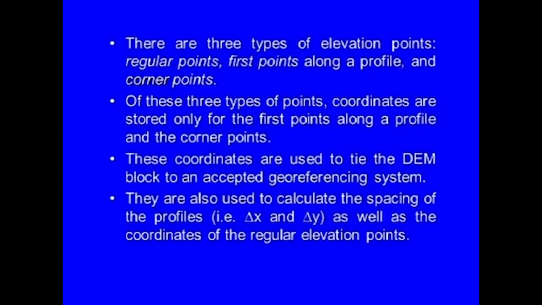Of the three types of points, coordinates are stored only for the first points along a profile and the corner points. These coordinates are used to tie the DEM block to an accepted georeferencing system. They are also used to calculate the spacing of the profiles, that is delta x and delta y, as well as the coordinates of the regular elevation points.